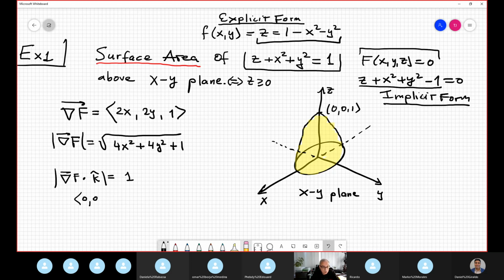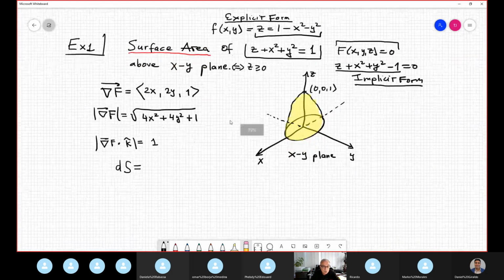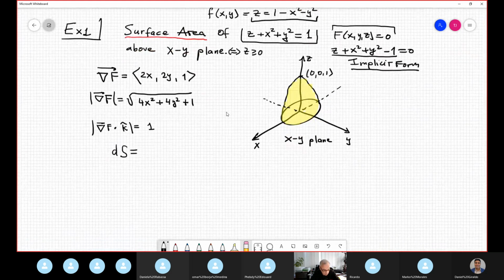Now the formula says ds, the infinitesimal, elementary surface area, is the magnitude of F divided by, it's a formula, the magnitude of gradient dot k, no?